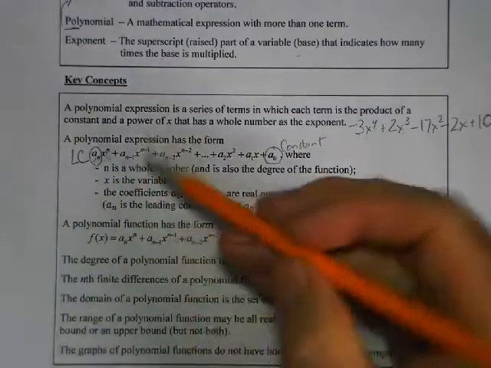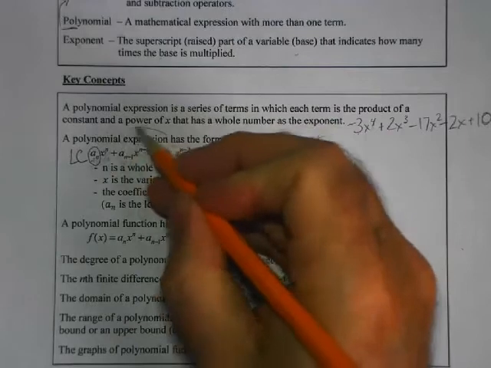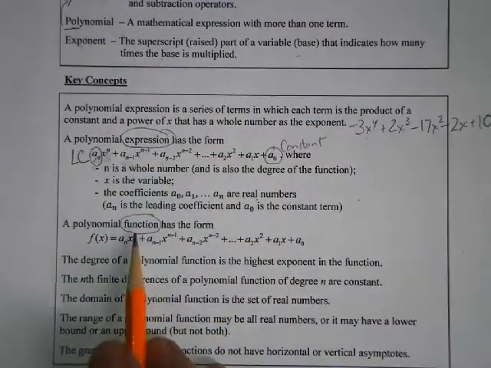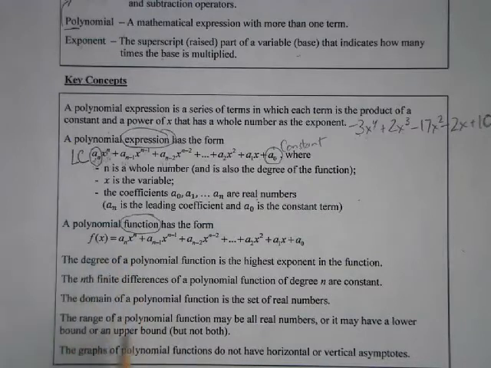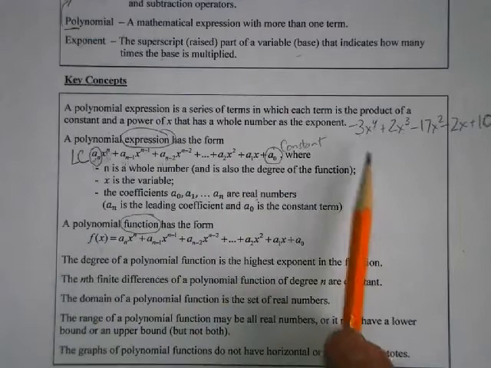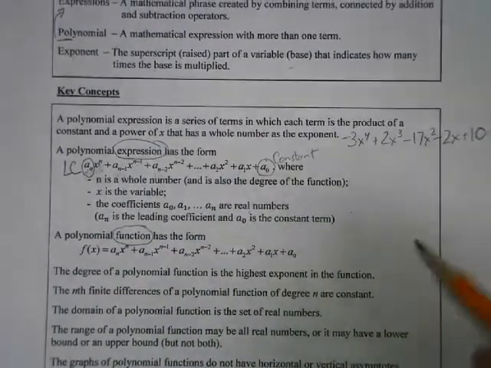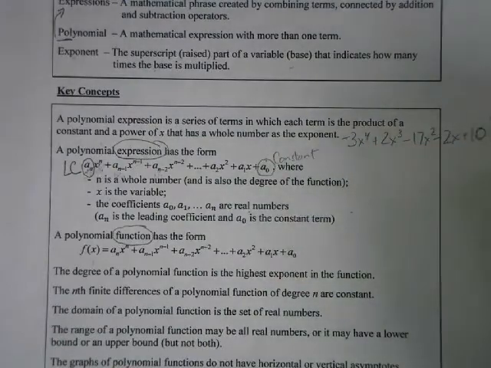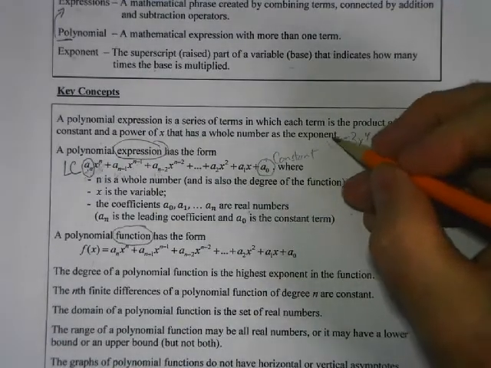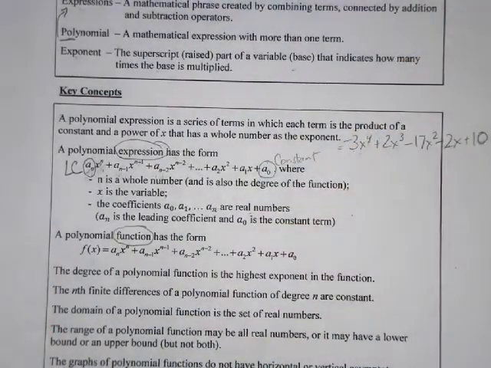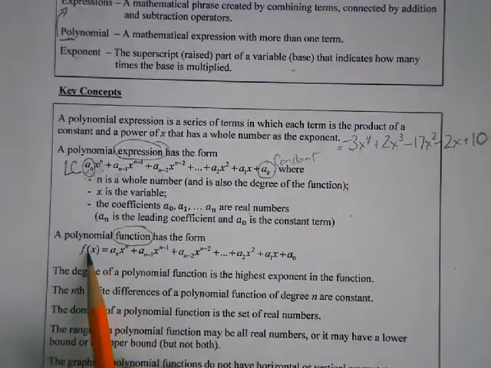Okay, now we go from polynomial expression to polynomial function. So remember, a function is basically an equation where you've got, like, a y equals this. So if I wanted to change this expression into a function, in grade 10 or 11 you might put y equals, but we're going to be putting in function notation, so we'll put the f of x in front.